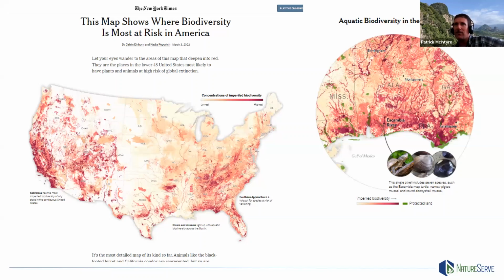And these maps show, basically you could look at it as a map of endangered biodiversity in the continental US. And so areas in red are areas where we have a high degree of threatened or at-risk species. So I'm from California originally, and along the coast here, we have many, many endemic plants.